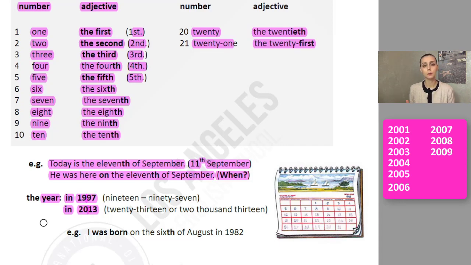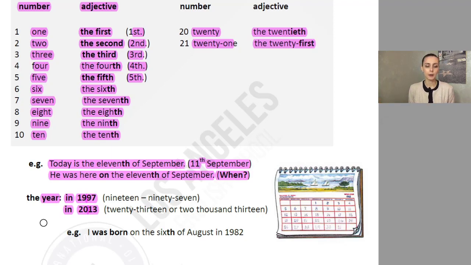However, as I mentioned before, it is considered to be the proper English version if you say the whole number. And for British English, you will also need to say and.